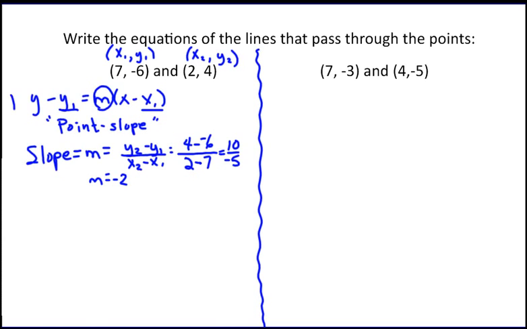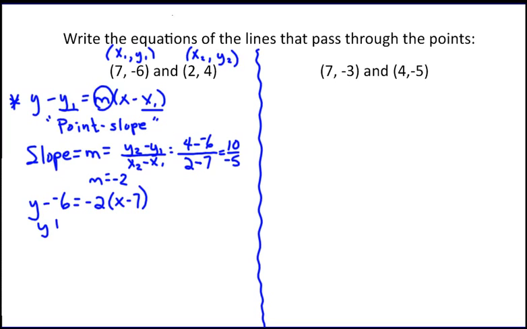Now we are ready to put our information into the formula. We'll have y minus y1, which had a value of negative 6, equals m, which is negative 2, times x minus x1, which has a value of 7.